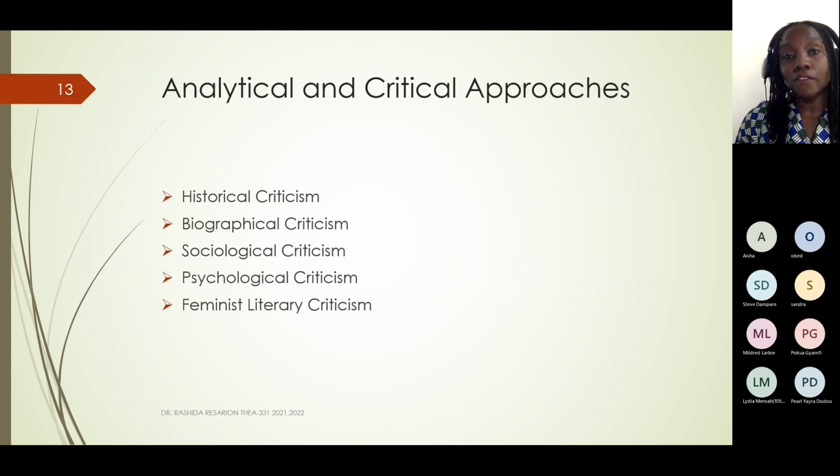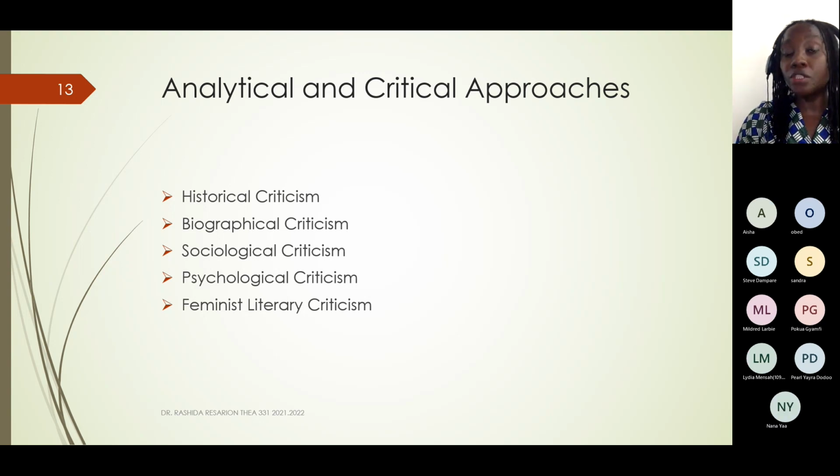Because we all have opinions. But when you are learning to be an analyst, you need to be able to back what you are saying up with evidence.